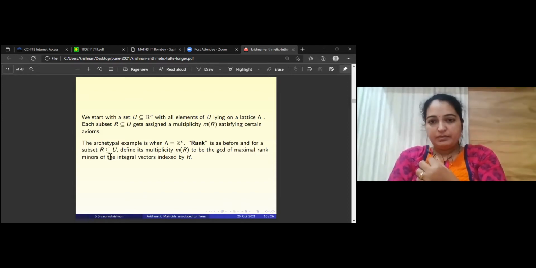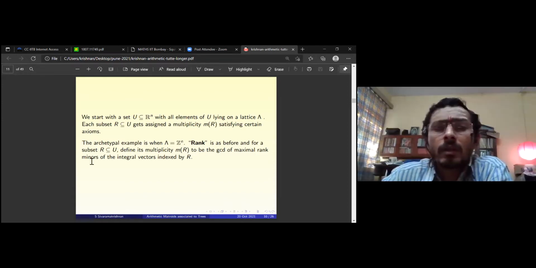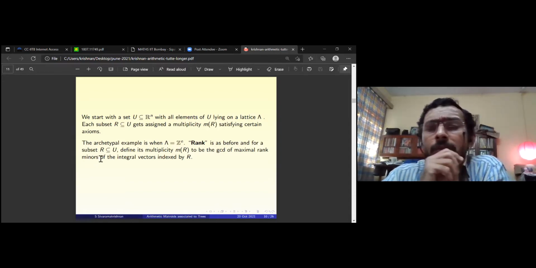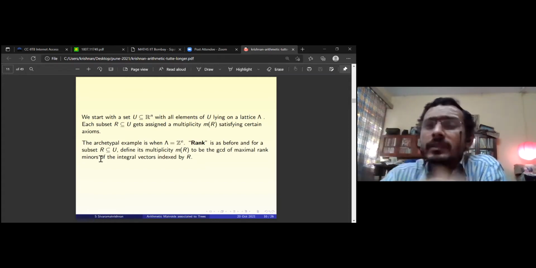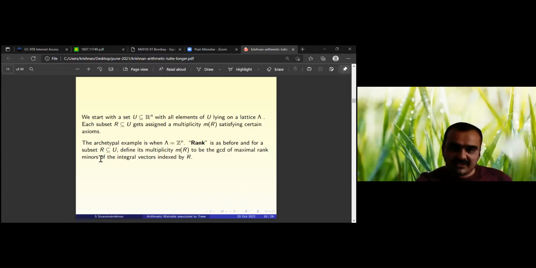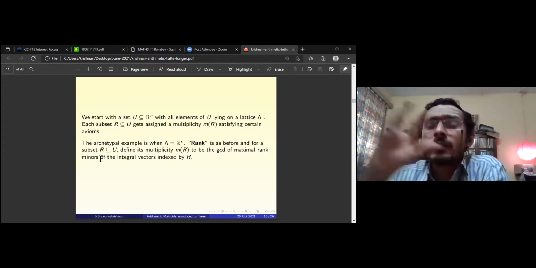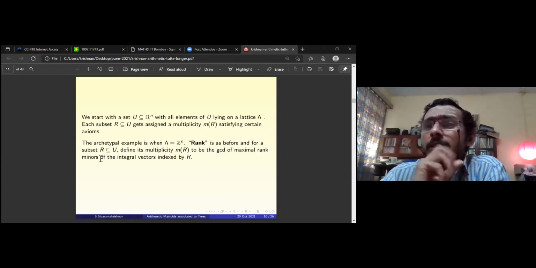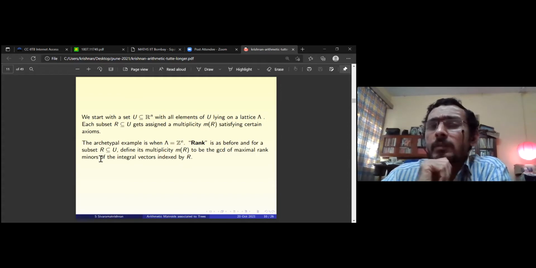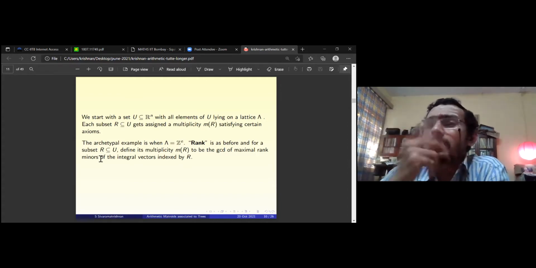If you don't take maximal, some of them will be arbitrary. Maximal meaning only the 3 by 3 I want in this example. There will be one maximal rank minor which is non-singular, because otherwise it may be 0. If I don't put maximal, then you can take some other smaller or larger thing and the GCD may be 0.